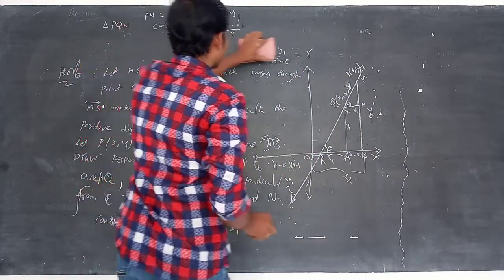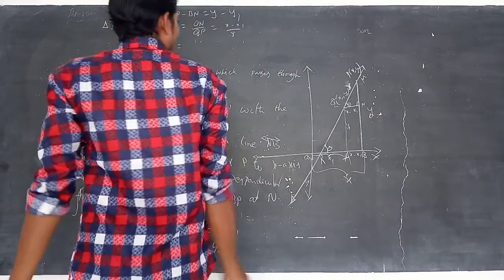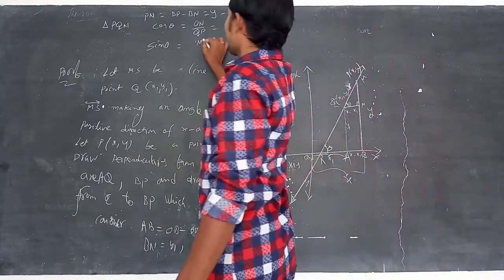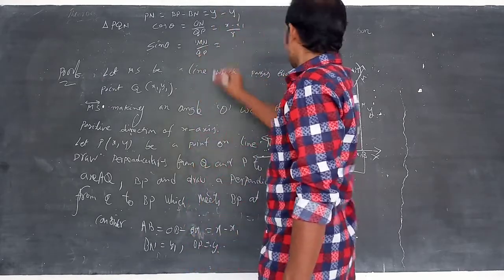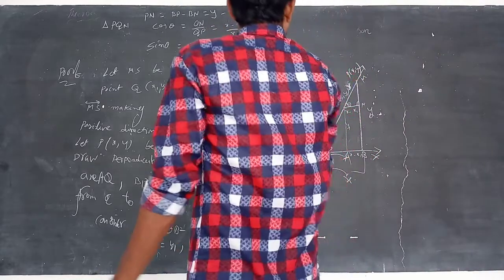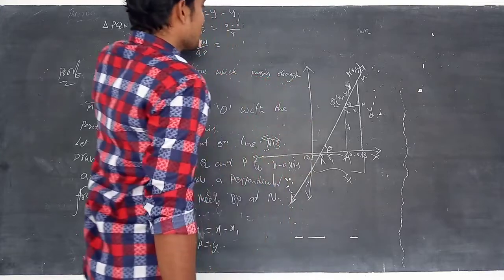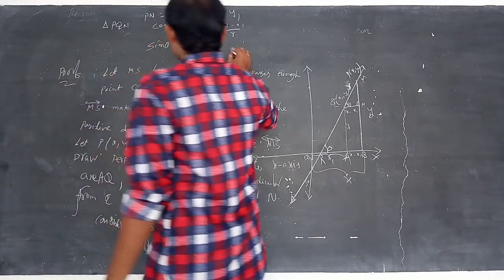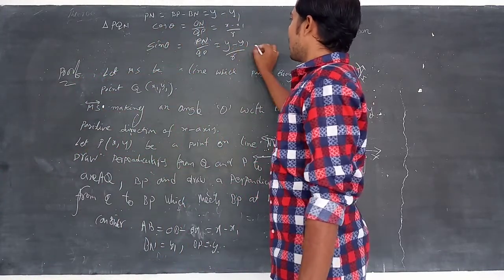Consider sin theta. Sin theta equals opposite side by hypotenuse. The opposite side is PN, and the hypotenuse is QP, the direct distance between the two points. PN is y minus y1 and QP is r.